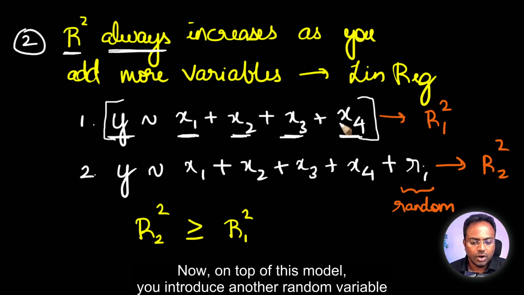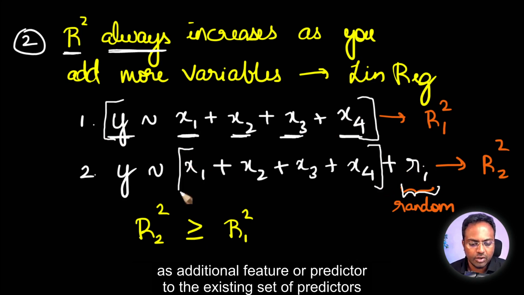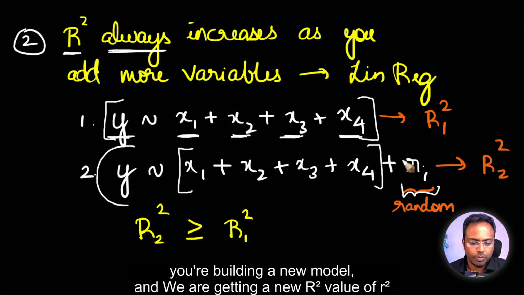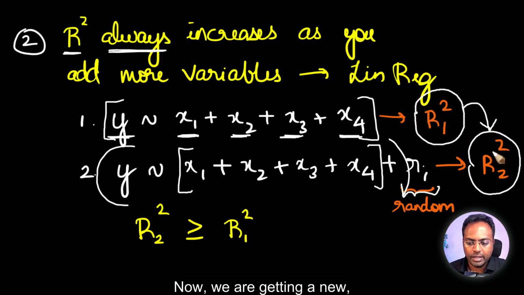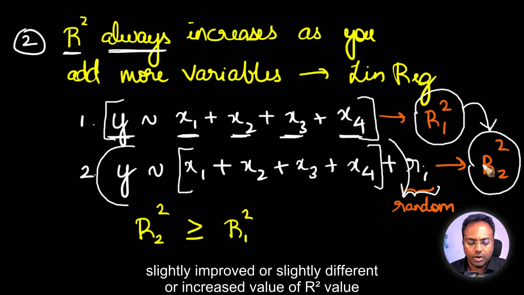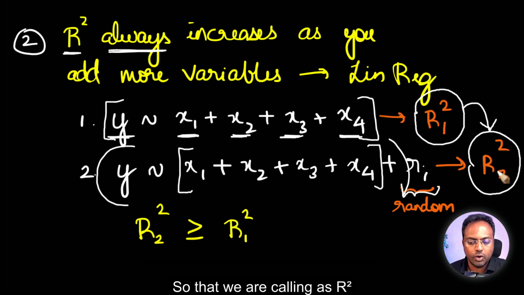Now, on top of this model, you introduce another random variable as an additional feature or predictor to the existing set of predictors. You build a new model, and you get a new R square value, R2 square. This is the original R square, R1 square. Now we get a new, slightly improved or slightly different, increased value of R square, which we call R2 square.